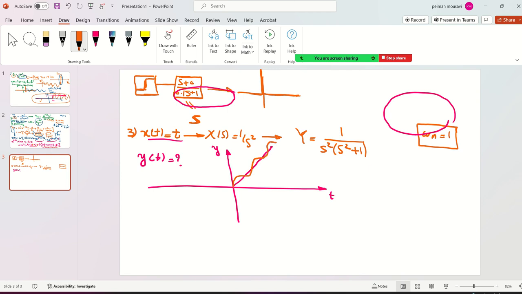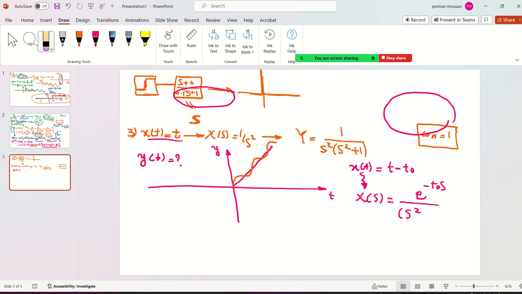Actually, for the Simulink, I said x of t was t minus t naught. So you know that I taught you with the delay, x of s is 1 over s squared times e to the minus t naught s.